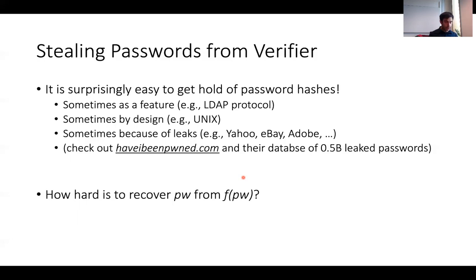For instance, there are protocols like the LDAP protocol, which allow different services to share the same password across different services. Think, for instance, about your user experience at Aarhus University. There are many different services that you use, and for all of them you use the same password.